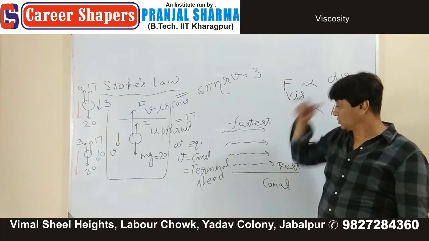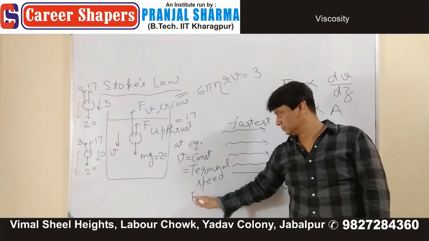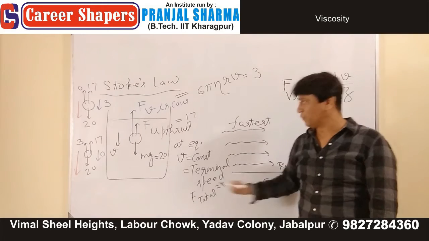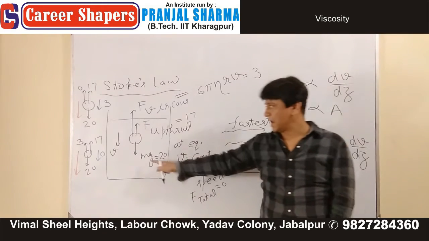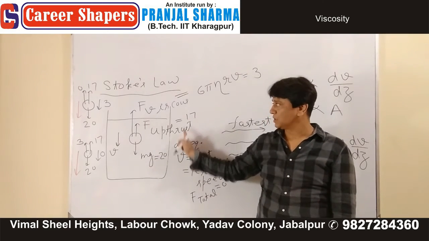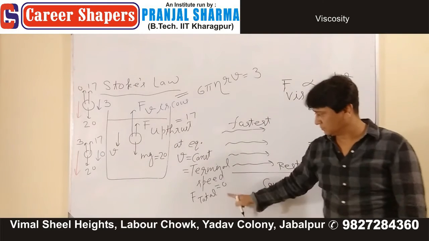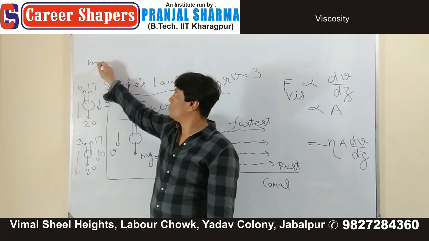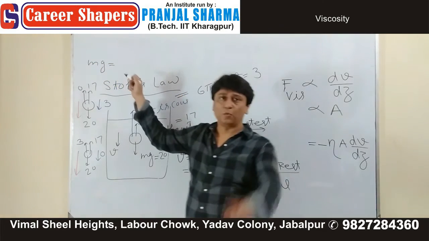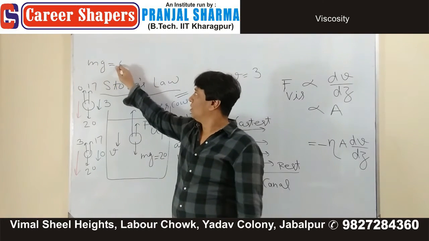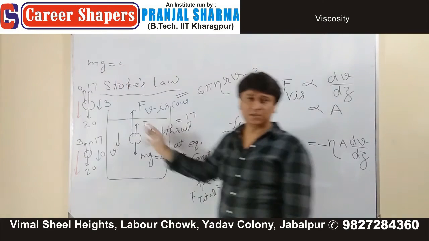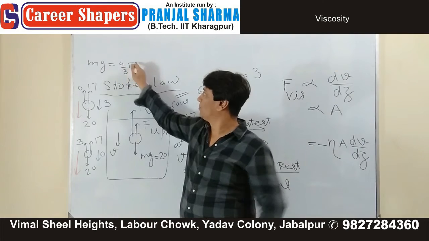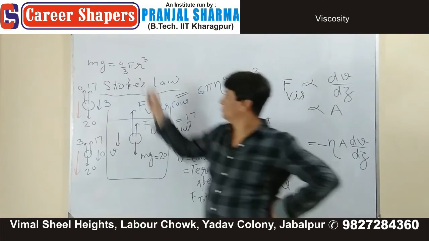If total force is 0, then it means what? mg is equal to upthrust plus viscous force. There. What is F total? Downward kitna rate? mg. What is the formula of upthrust? Volume submerged, it's a spherical ball, 4 by 3 pi r cube.